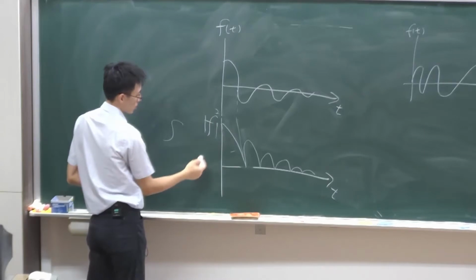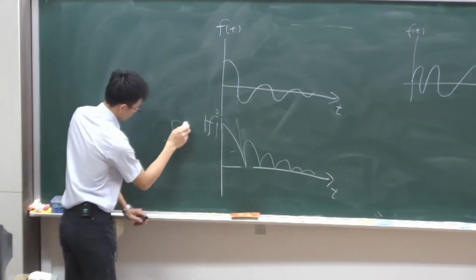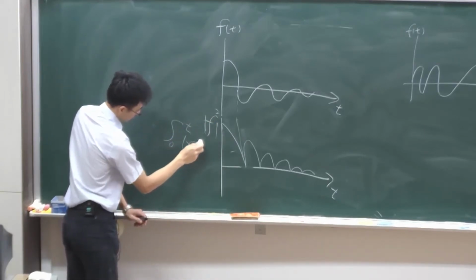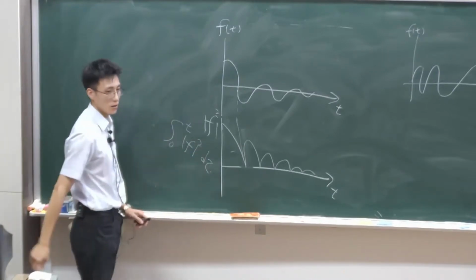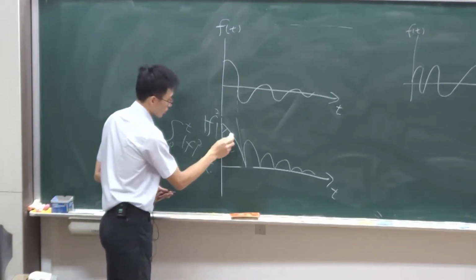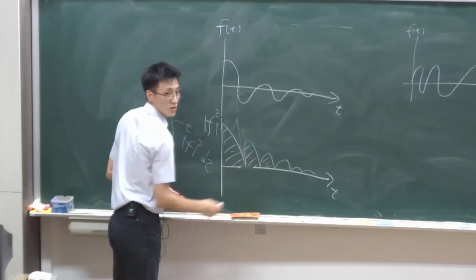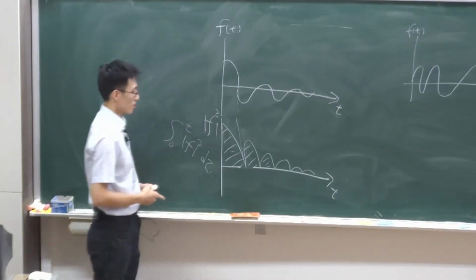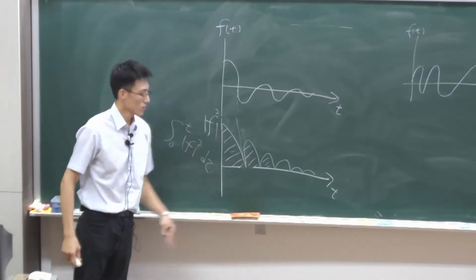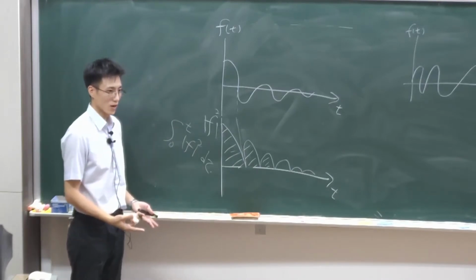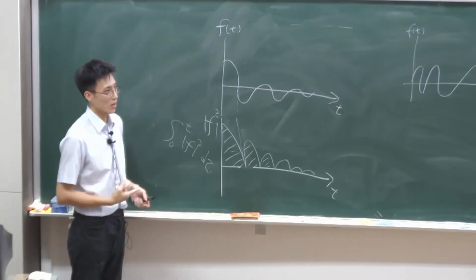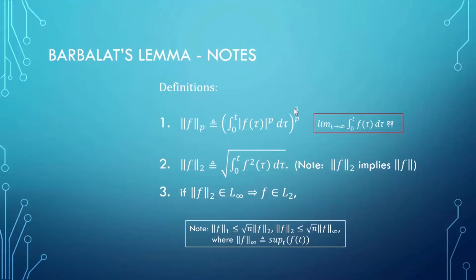Whether you put the absolute value here doesn't matter because it's squared. Taking the integral with respect to time from 0 to t of f squared is basically the area of all these pieces. If the summation of all these areas is finite or exists, then it's an L2 function. And here are some properties: the F1 norm is upper bounded by the F2 norm, and so on up to the F infinity norm.